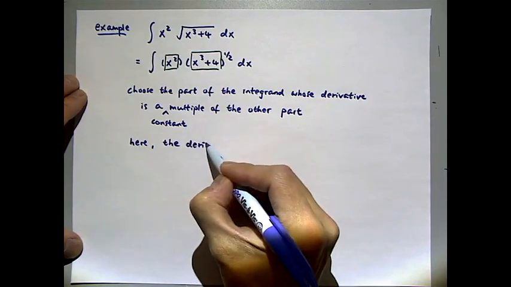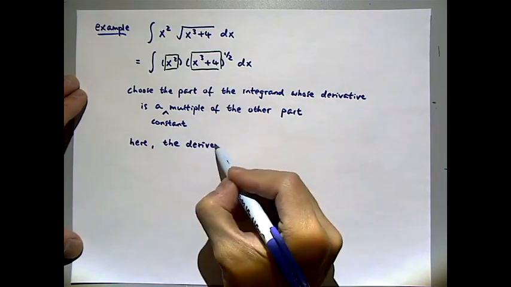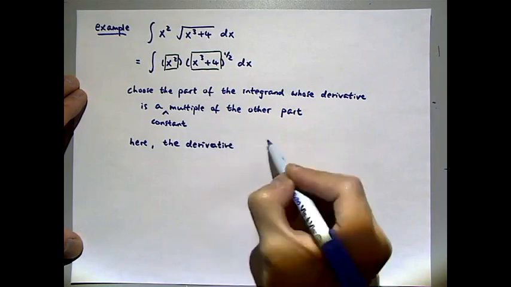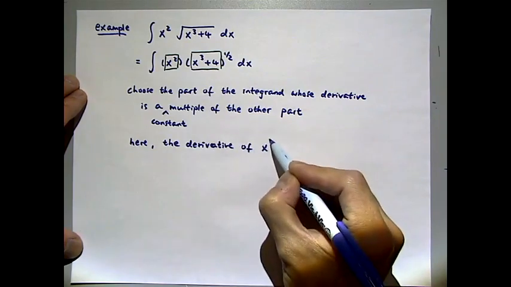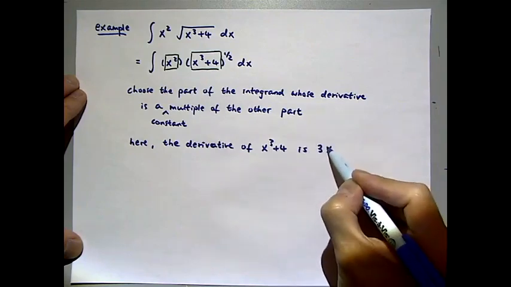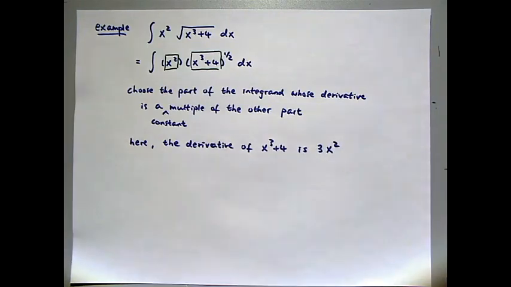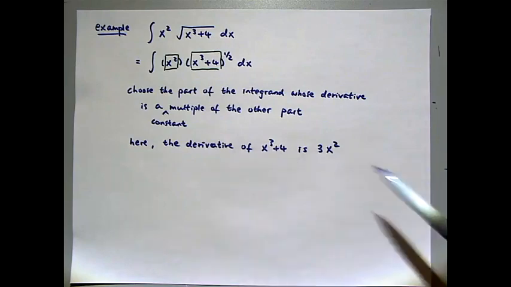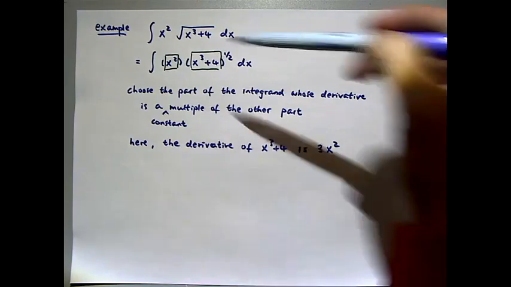The derivative of x cubed plus 4 is 3x squared, right? And it is 3 times the other part.